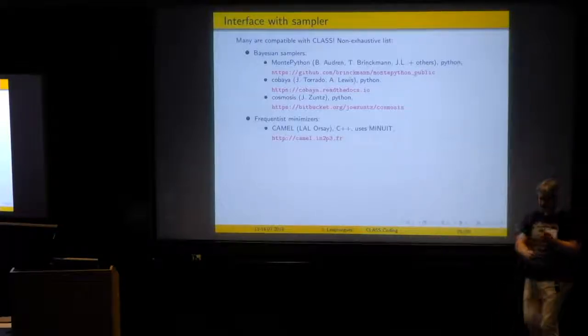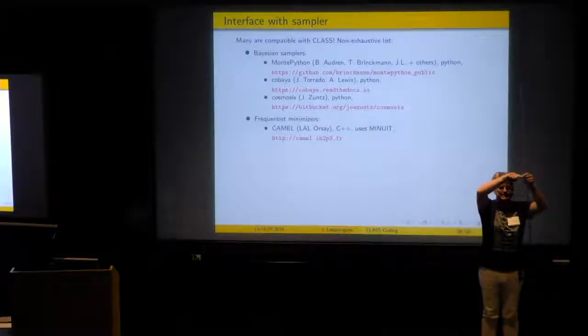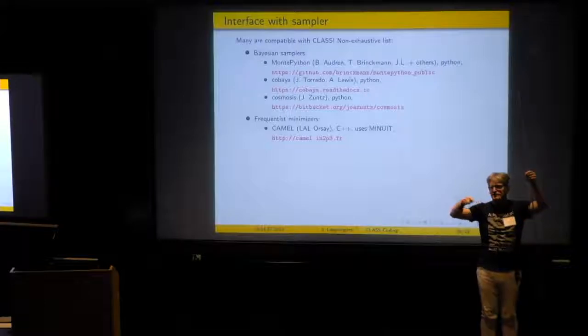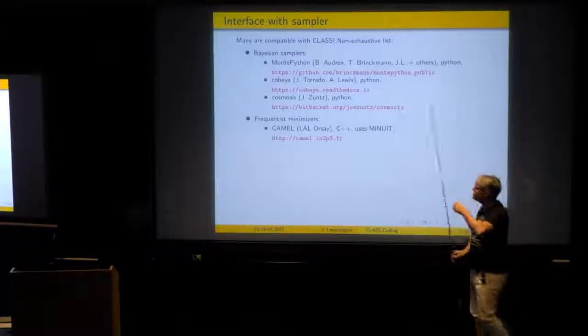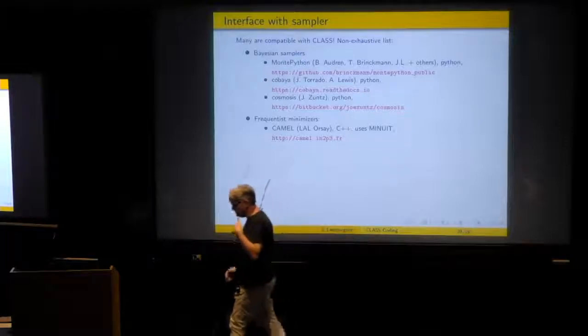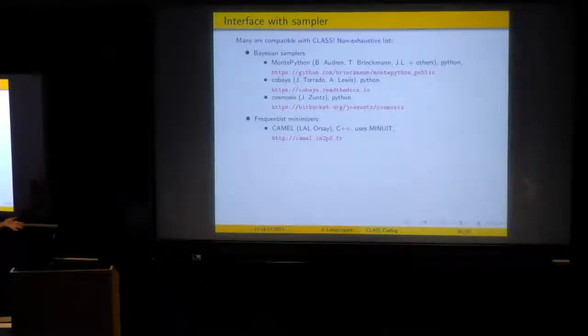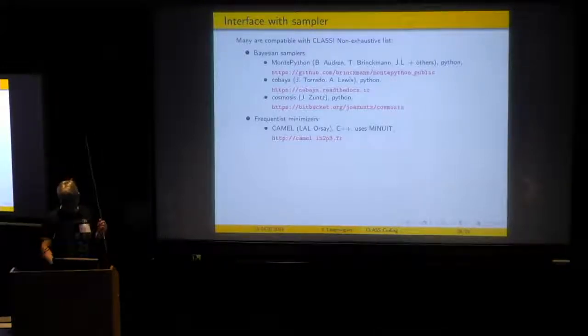In a frequentist approach, you try to minimize something, and the numerical error produces small wiggles on the function that you try to minimize, and the minimizer could remain stuck in one of these wiggles. So in the Camel code, when they call class, they have to call it with higher accuracy settings, and so it's a bit slow. But it still works well, and they have used it in many papers. So I can only recommend it too.